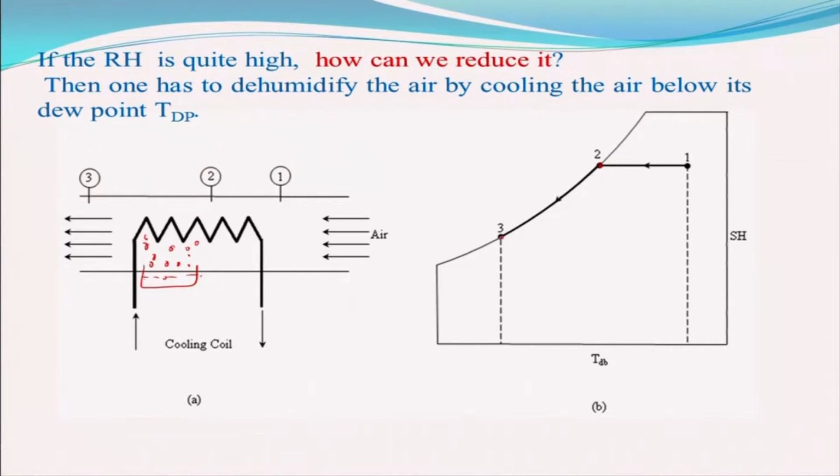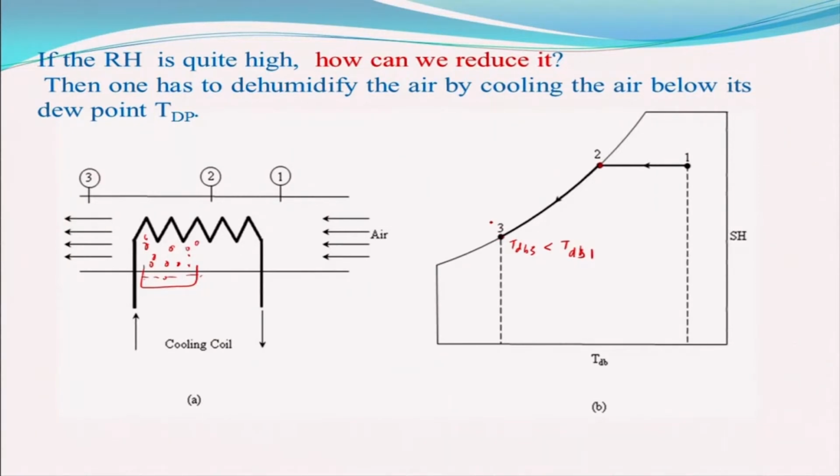Now here also the temperature is lowered. The dry bulb temperature dB3 is very much less than dB1. However, the relative humidity is 100%. So you have not solved the problem.